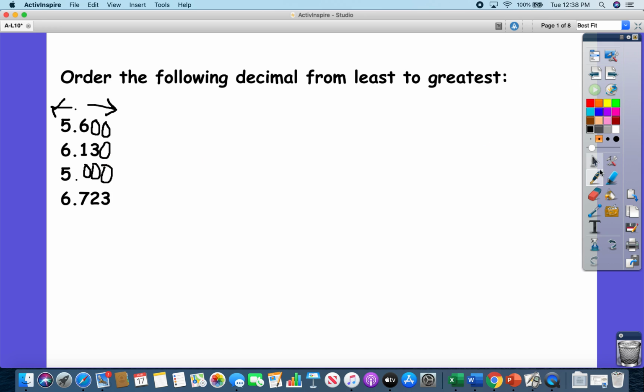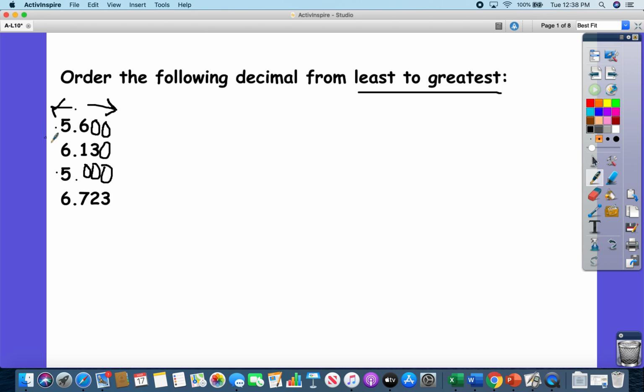Okay, now when we're actually ordering these, we need to order from least to greatest, like it says, but I'm going to start with the highest place value, which for this problem is the ones place. And I look through and I see 5, 6, 5, 6. So I know that I'm going to need to start with these two 5s because they're the lowest. 5 is less than 6.